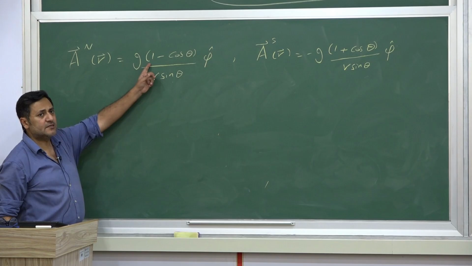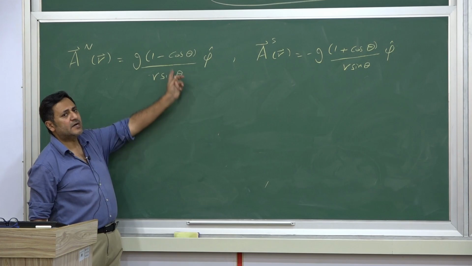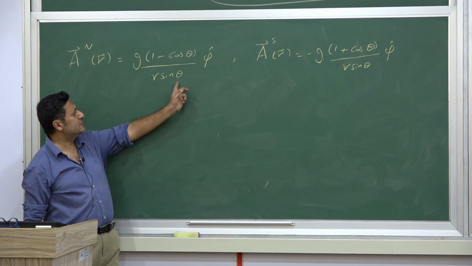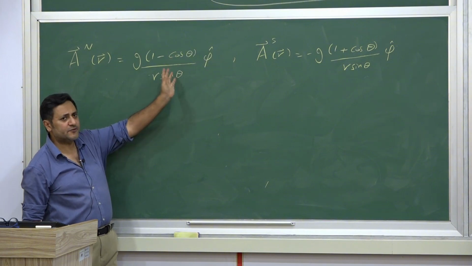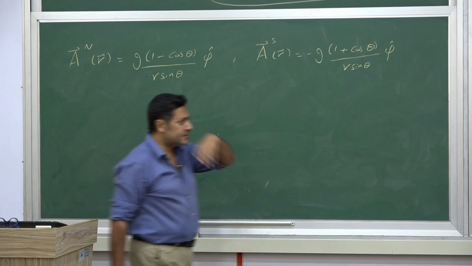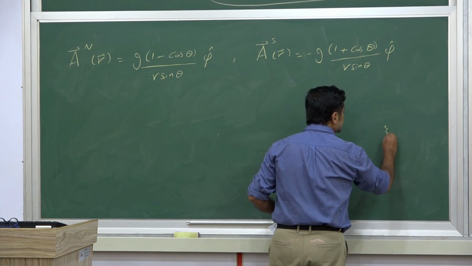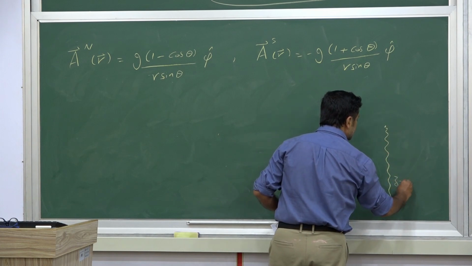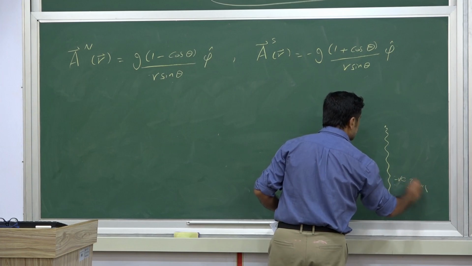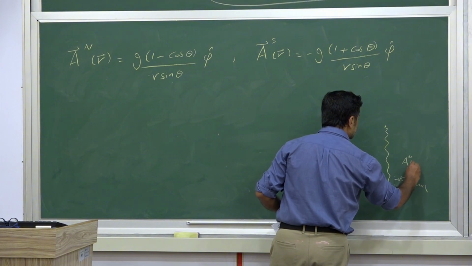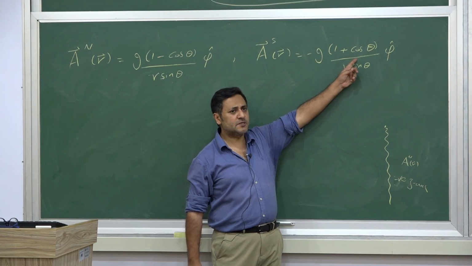So you can see, if I put theta equal to pi, this is singular, because I have a 2 and 0 over here, but at theta equal to 0 it is regular, because you have 0 over 0, and if you take the limit, it's regular. So this guy has a singularity along the negative z-axis, while this guy at theta equal to 0 is singular.